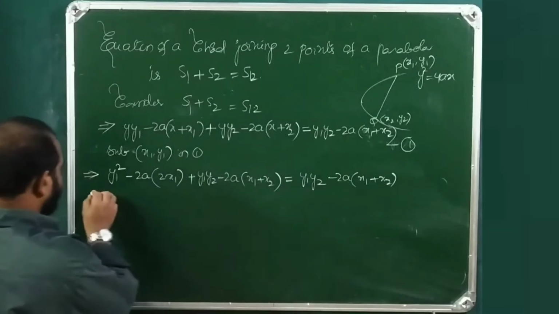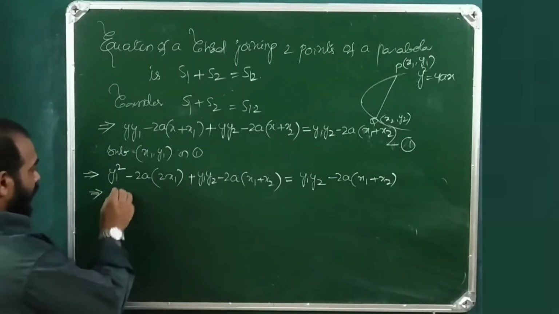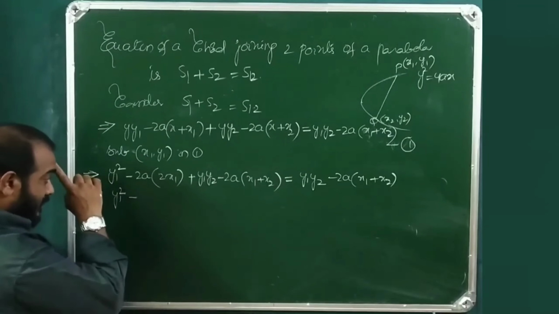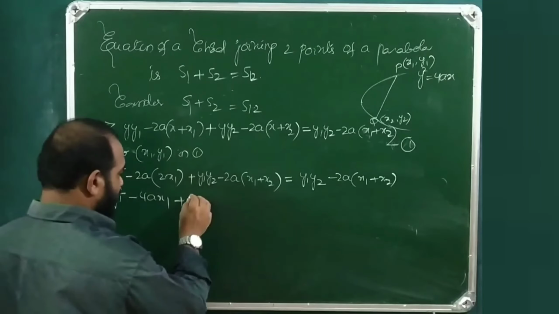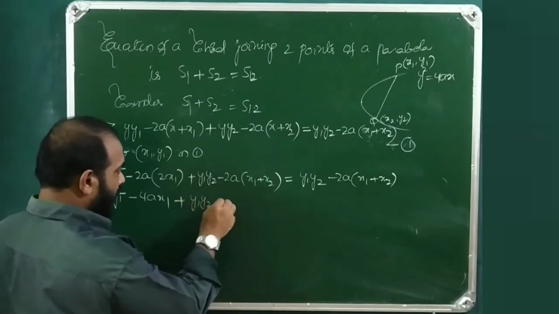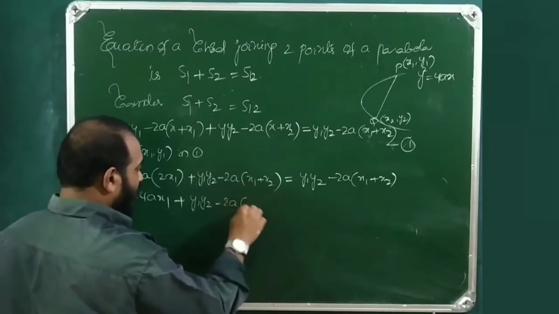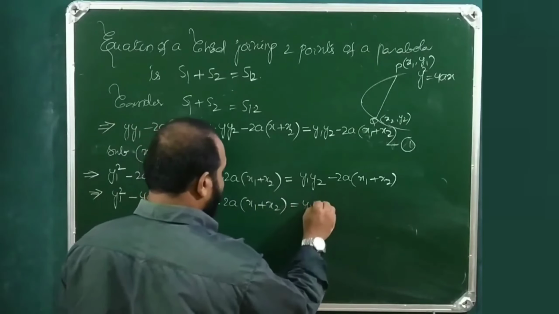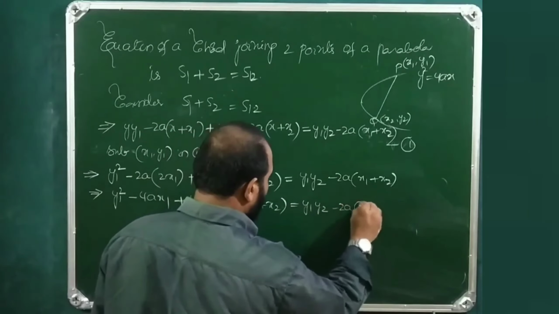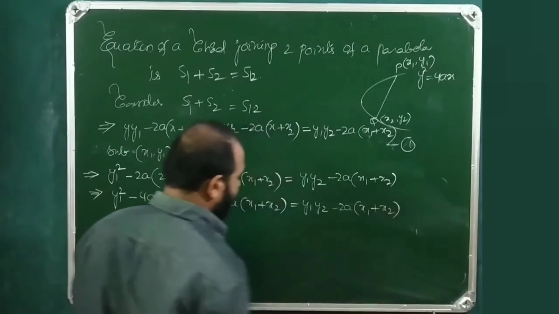So this is y1 square minus 4a x1 plus y1 y2 minus 2a into (x1 plus x2) equals y1 y2 minus 2a into (x1 plus x2).